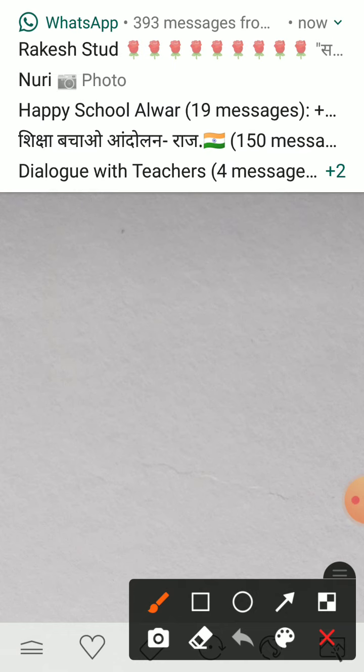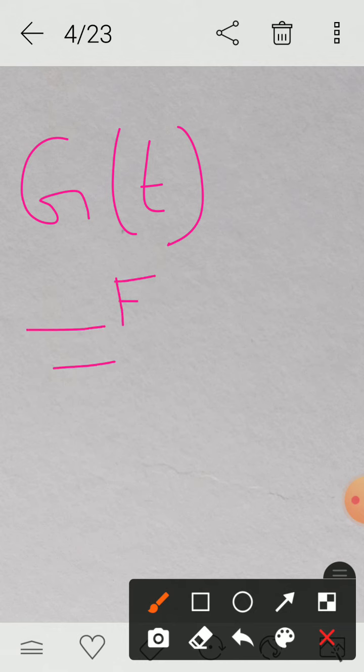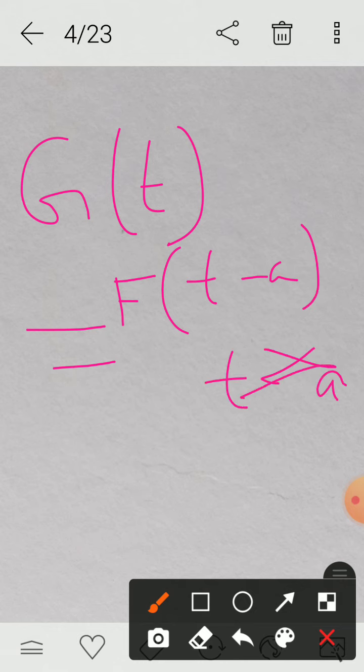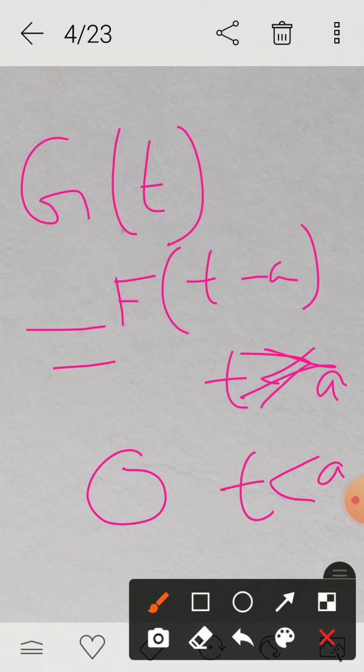According to this property, if F(s) is the Laplace transform of f(t), then the new function g(t), which is f(t minus a) for t greater than a and 0 for t less than a, has a Laplace transform equal to e^(-as) F(s).